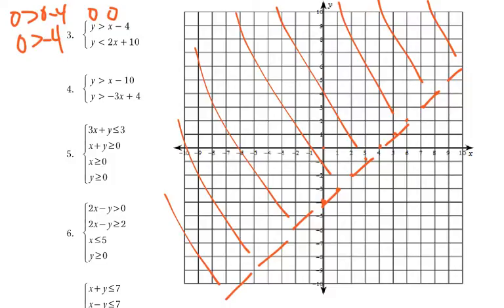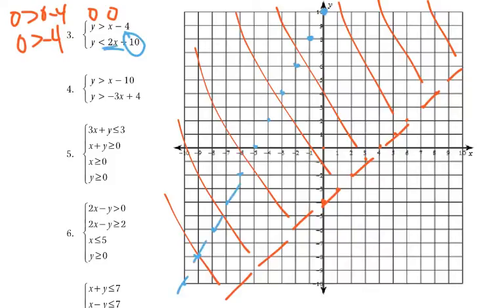Alright, now the next, positive 10. There's my y-intercept. Positive 2x, so normally I'd go up 2 to the right 1, but I can also go down 2 to the left 1. So I go down 2 to the left 1 for each point. Now, looks like our graph's not going to cross. It will eventually, but for now, no line under there.